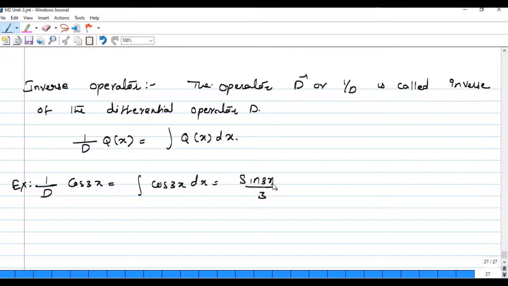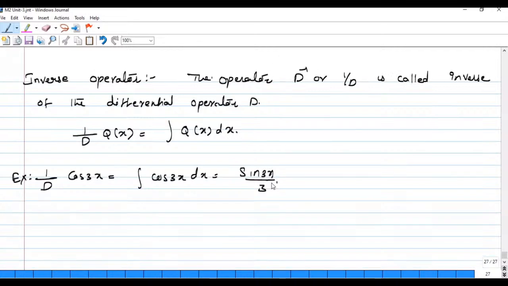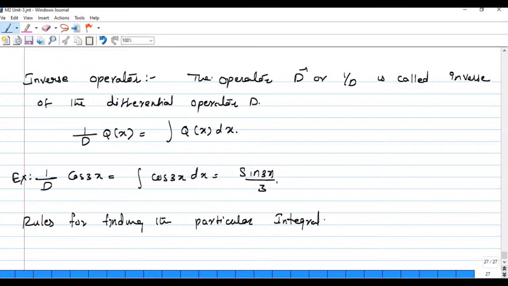Write down case 1. For finding the particular integral, we have different cases. Write down the side heading: rules for finding the particular integral.